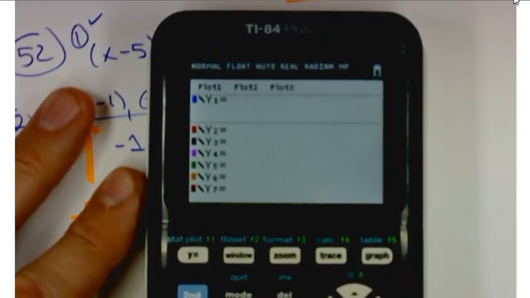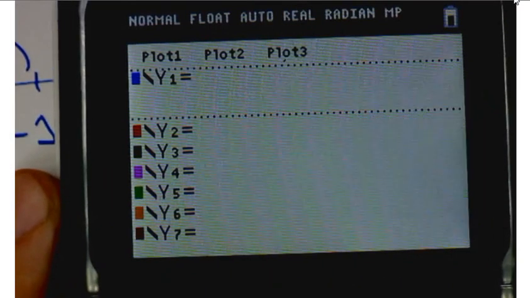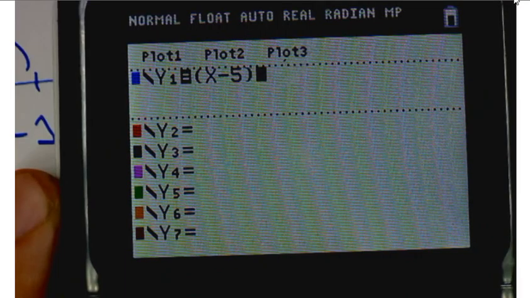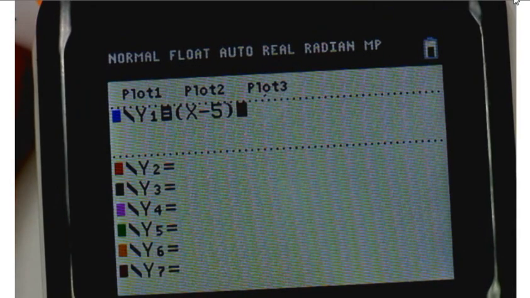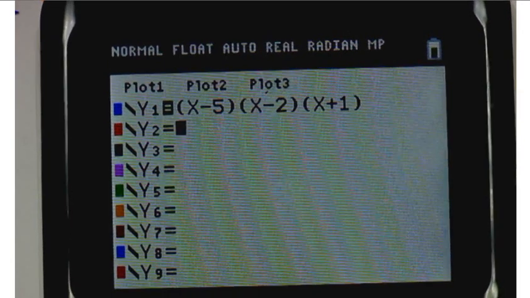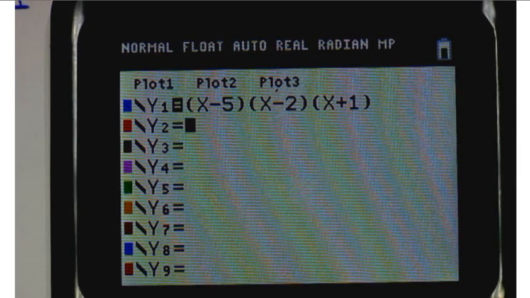So hit the y equals key, and let's type in x minus 5, parenthesis, x minus 2, parenthesis, x plus 1. So type it in just like that, and then we can do our test points.